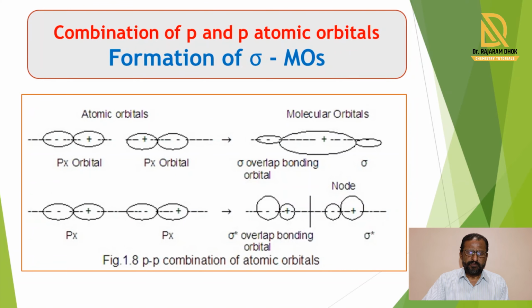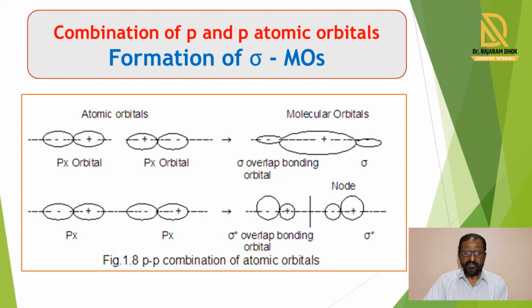Now the third type of combination is the combination of p and p atomic orbitals. In the combination of p atomic orbitals, we consider that one atom contains three p orbitals, px, py and pz, while the second atom also contains three p orbitals, px, py, pz.